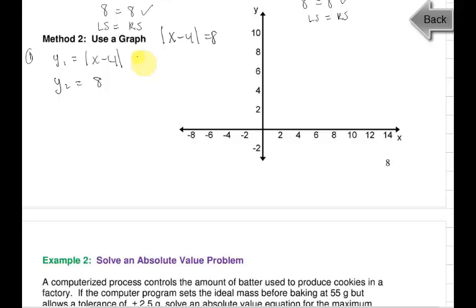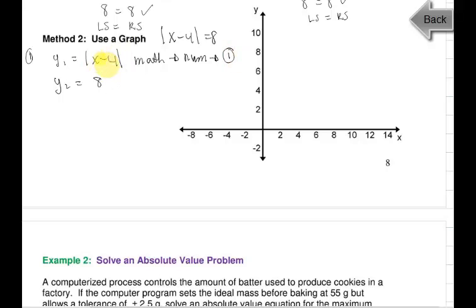To find absolute value on your graphing calculator, you want to go to Math, and I think you want to go over with your right arrow key to where it says Number on the top of your screen, and then you want to choose item 1.